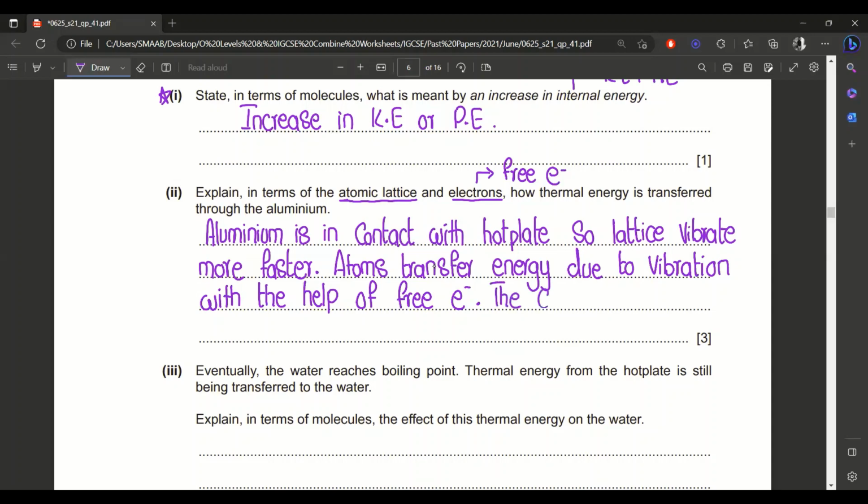And the collision of electrons will continue to transfer the heat, right?